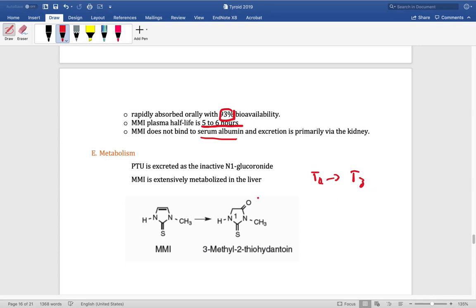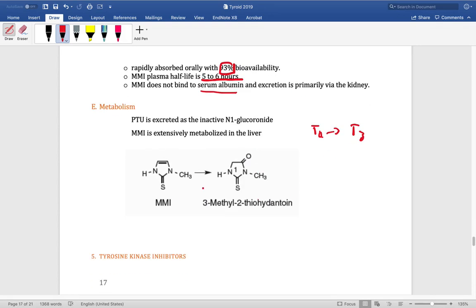Methimazole is not able to do that, so it has no effect on this. Methimazole is going to inhibit thyroid peroxidase, TPO, and prevent iodination of tyrosine residues.